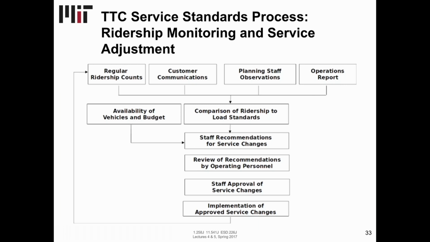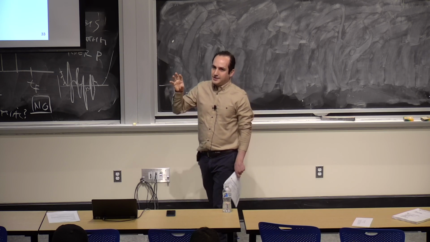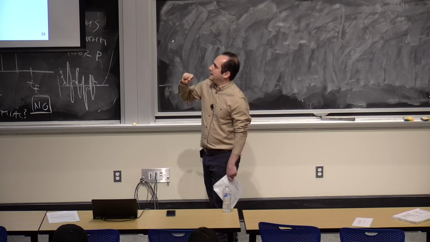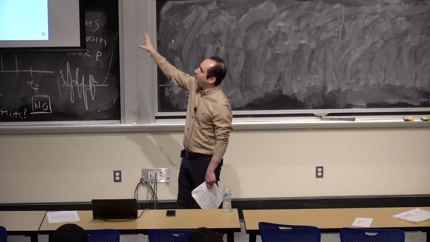Then there will be a comparison of ridership to load standards, what we discussed last week in terms of level of service measures related to maximum load, which will be tested for all the routes.